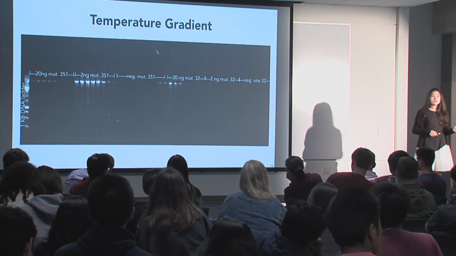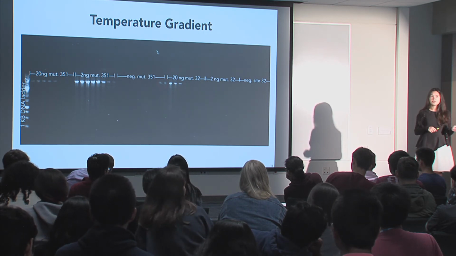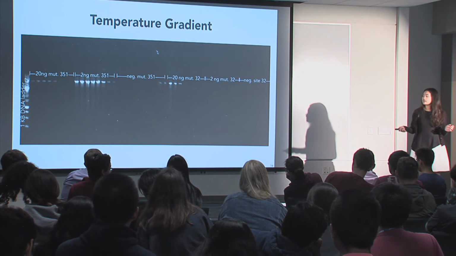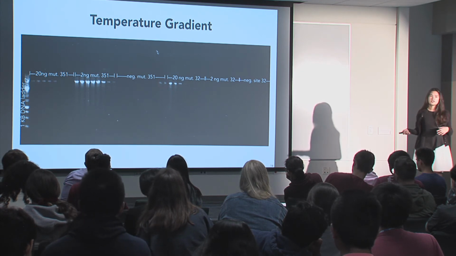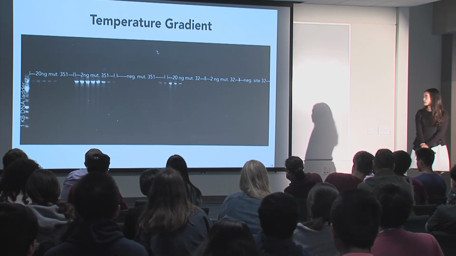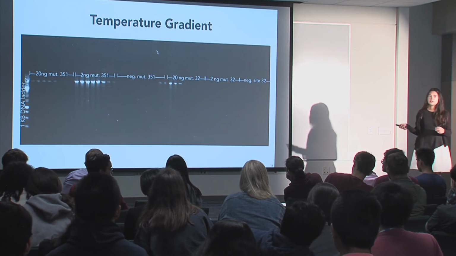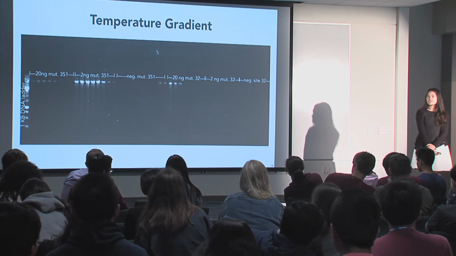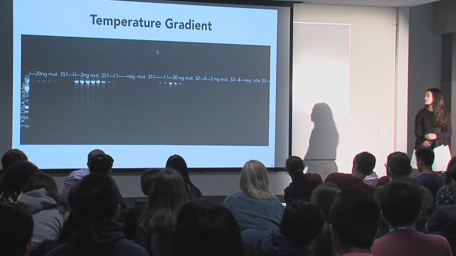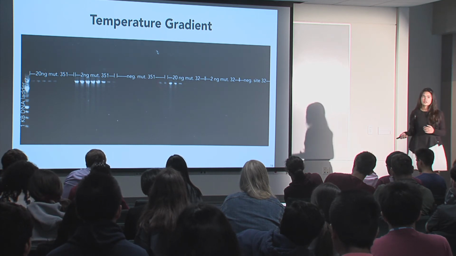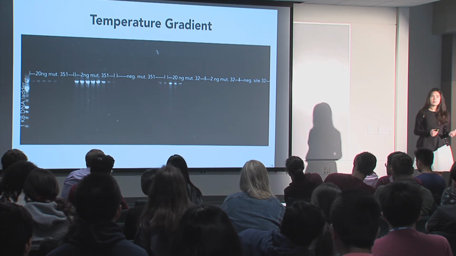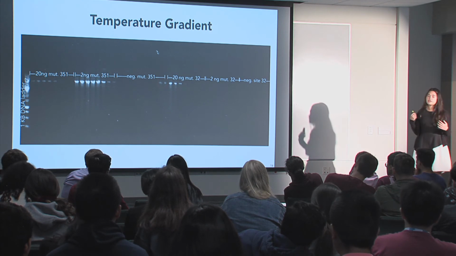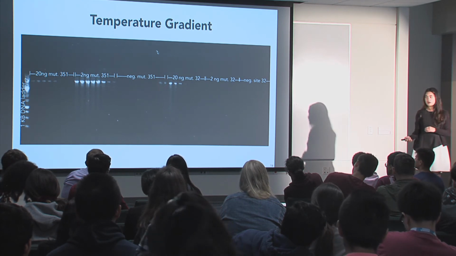The next 8 are 2 nanograms for mutation site 351, and the next 8 are the negative controls for mutation site 351. The same goes for the next 3 sets for mutation site 32. There were actually bands in our negative control, which meant that there was contamination. So we couldn't trust any of the results in this round of PCR.